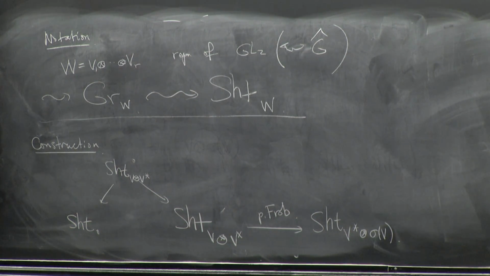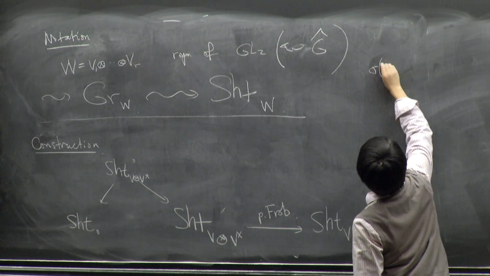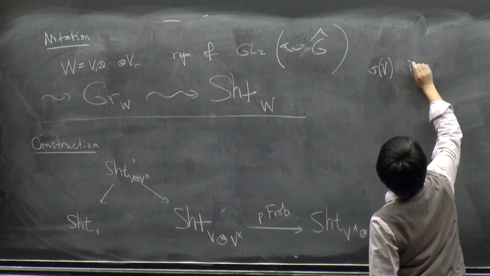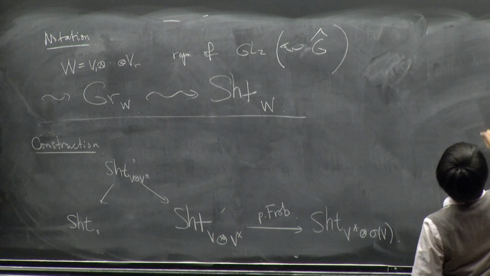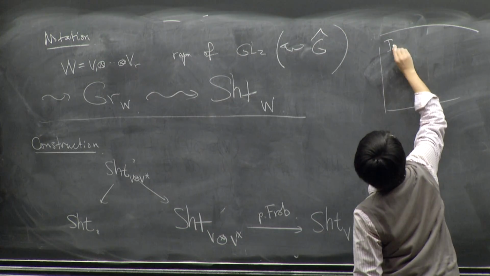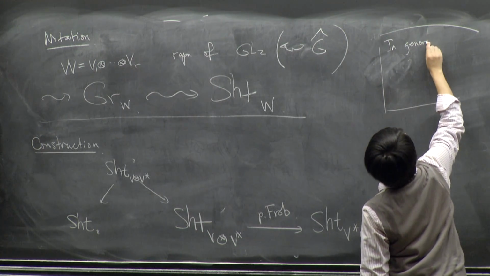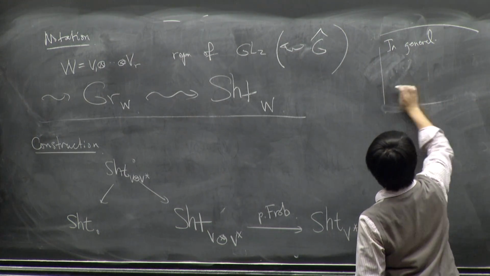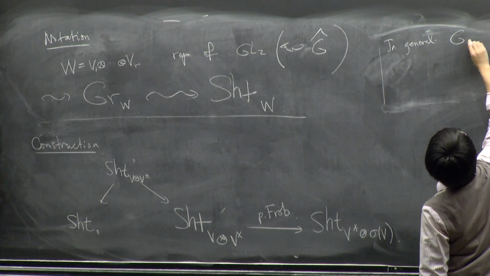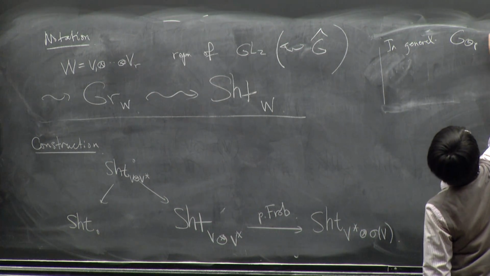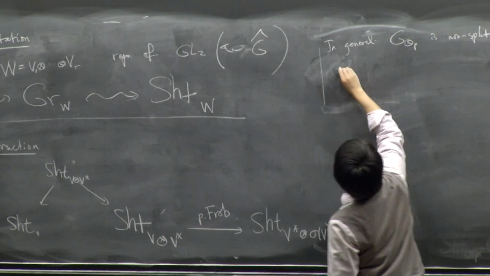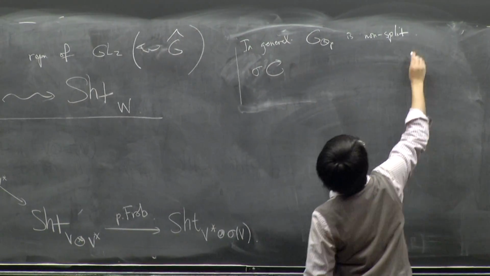Okay, so what is sigma V? Sigma V is a representation of... let me just write it here. In general, if G over Q_p is non-split, then sigma is a Frobenius, but unramified.